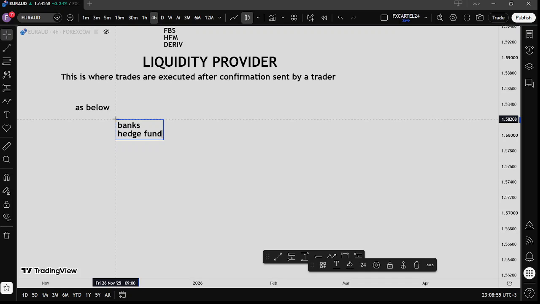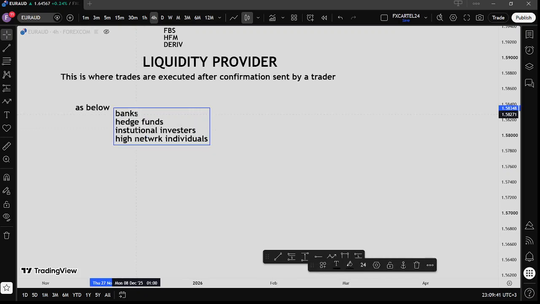We do have institutional investors. We do have high net worth individuals, high value individuals. So banks can provide liquidity.